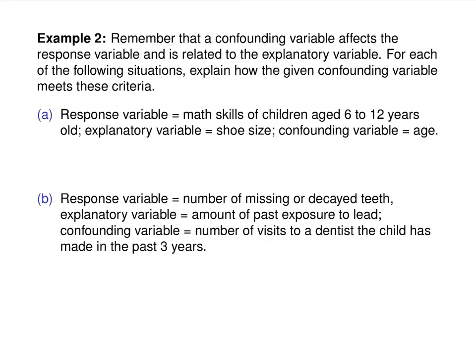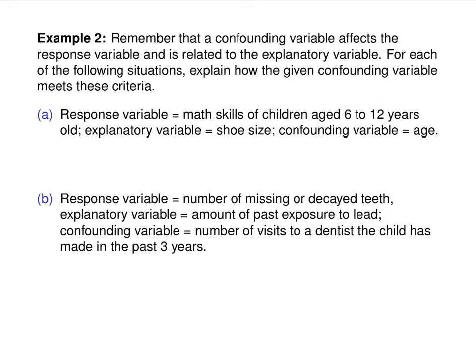Remember that a confounding variable affects the response and is related to the explanatory. For each of the following situations, explain how the given confounding variable meets this criteria. So it affects the response and is related to the explanatory. The response variable is math skills of children aged 6 to 12, and the explanatory variable is shoe size. The confounding variable is age.